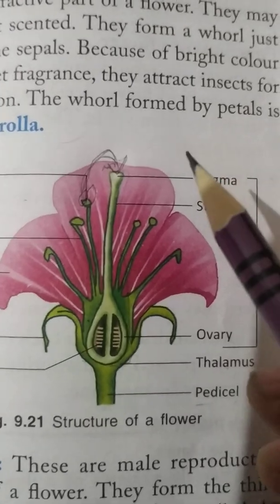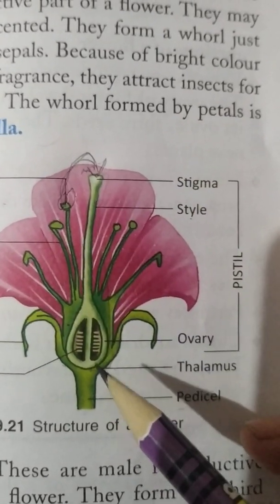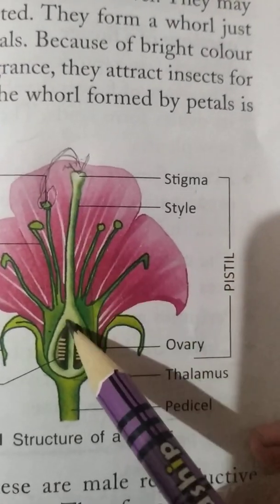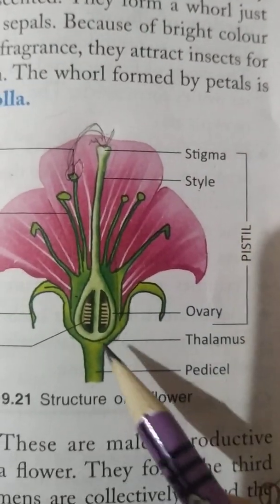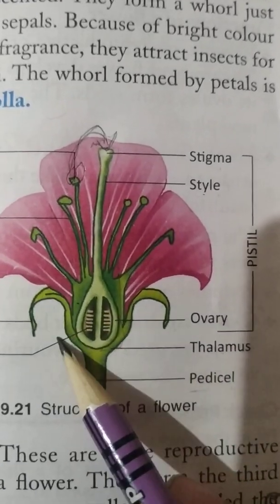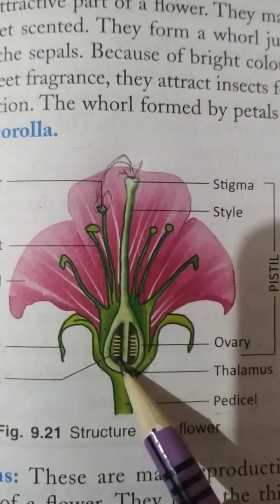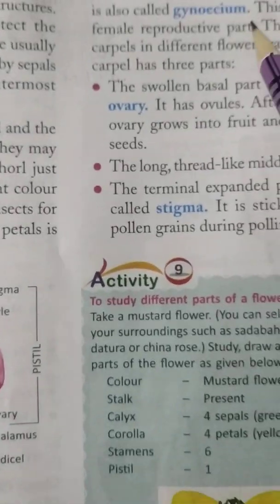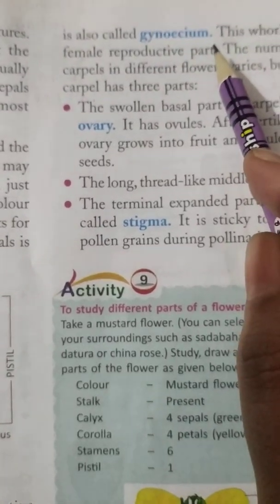The pistil has three main parts: this is stigma, this long stalk is called style, and this swollen part is called ovary. The ovary contains ovules. Inside the ovary these bead-like structures are present, and these are called ovules. This whole whorl is called gynoecium.